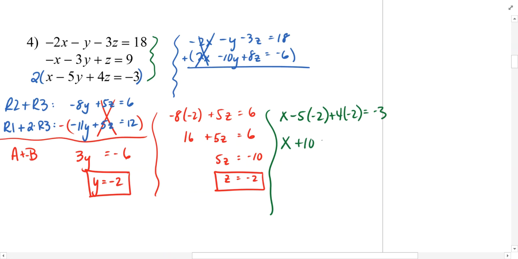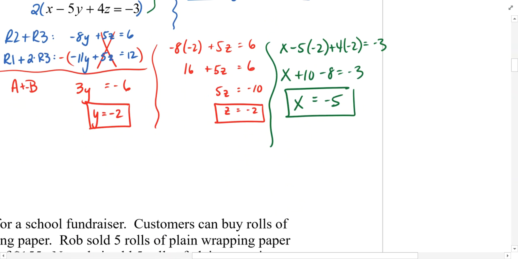So x plus 10 minus 8 equals negative 3. If I subtract 10 and add 8, that'll place me at negative 5 for x. And now we have a solution to the system of equations.